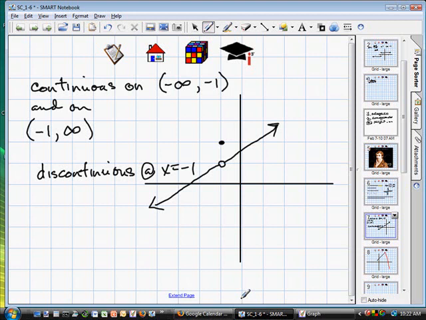Let's look at page 64 now. Continuity on a closed interval. Let's see, what are we talking about here? Well, just that.